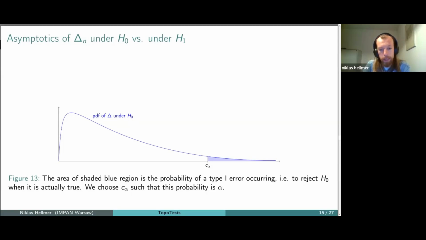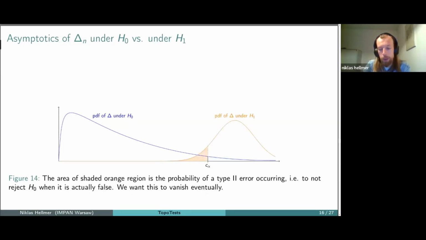Then we want to compare this with the distribution of the test statistic under the alternative hypothesis. So this should be big, intuitively, for our test to work. And then we can make another kind of error, which is called the type 2 error.